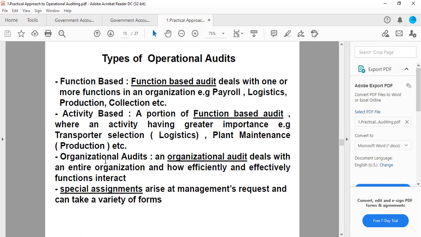Also, we can go upwards to organizational audits, in which we deal with an entire organization and how efficiently and effectively functions interact. Then we should suggest improvements to our clients. Then special assignments arise as management's request and can take a variety of forms. So we can do that as well.